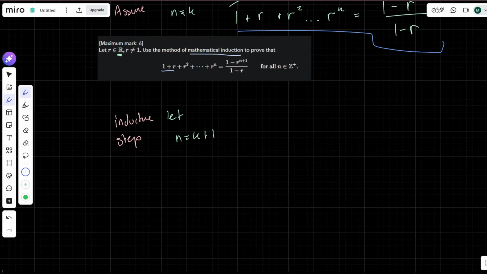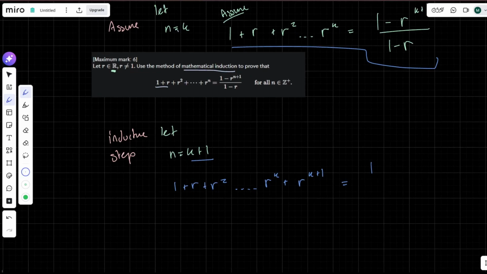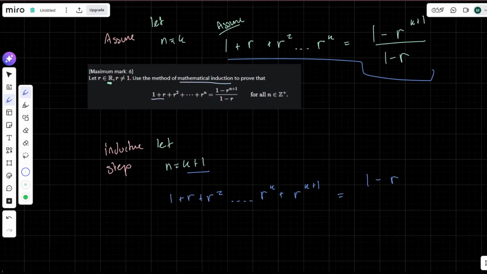What we're trying to prove is that 1 plus r squared dot dot dot r^k plus r^(k+1), right? Because that's now our final term. We're trying to prove that this is equivalent to (1 minus r^(k+1)) over 1 minus r.